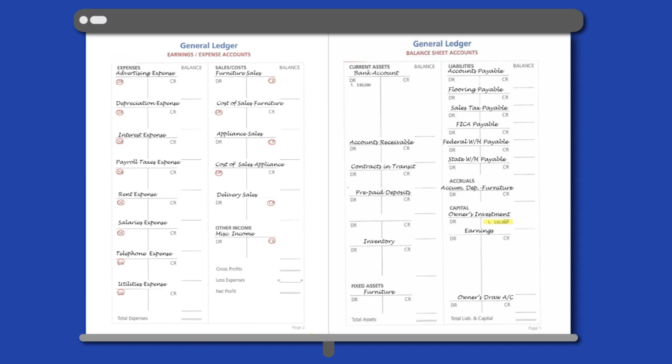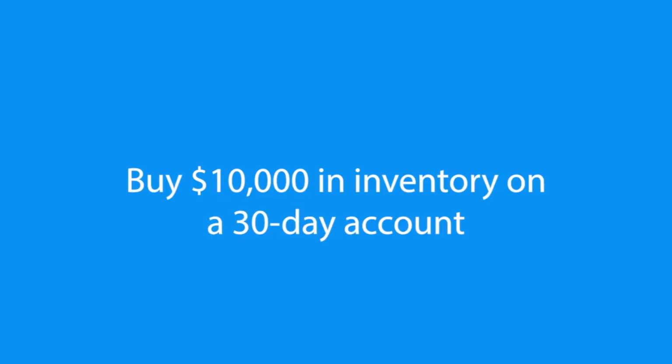Right? Okay. We also got to establish some more assets. Number 2, we buy $10,000 in inventory on a 30-day account. Okay, Ed, what'd you do?